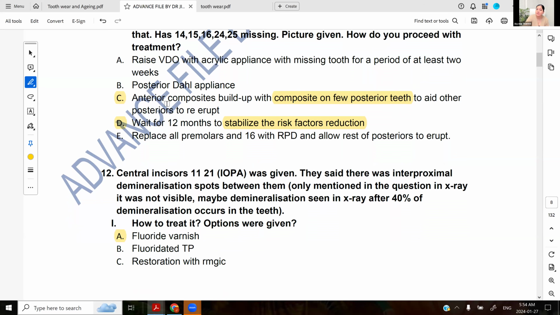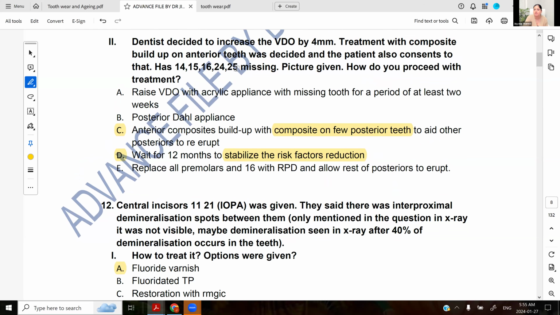Now, can you give anterior composite build-up, which will separate the bite and lead to posterior teeth to re-erupt? Can that be your treatment choice? Yes, because the question says you have planned composite restorations in anterior, so you use it also as a separating agent.